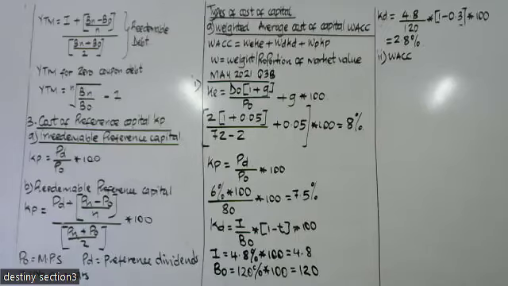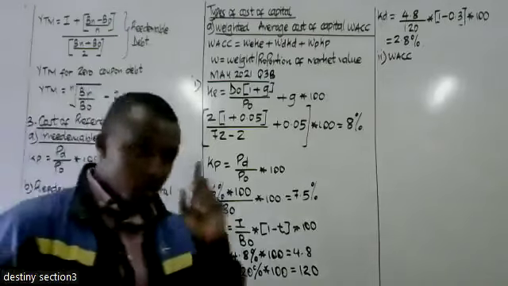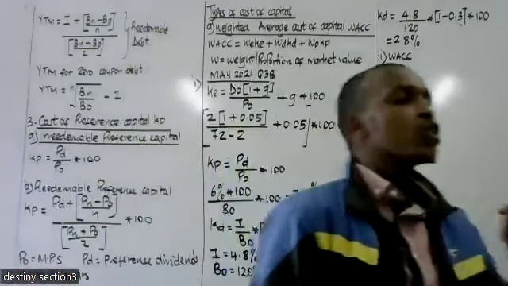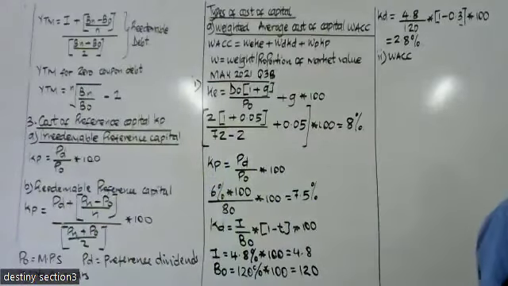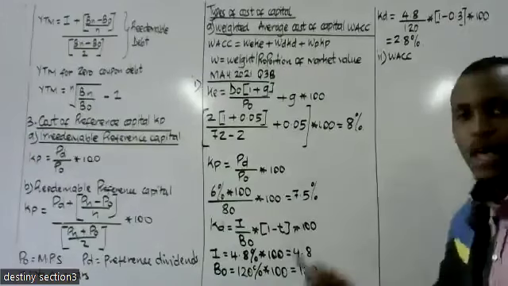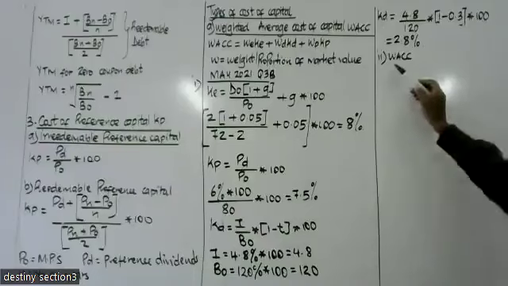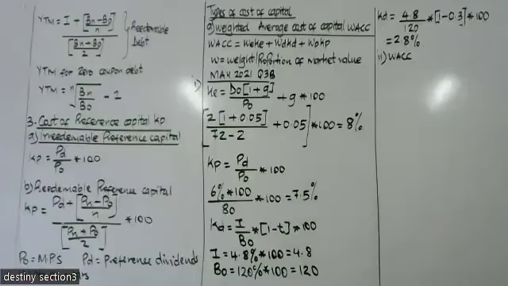Weighted average cost of capital is the cost of capital for already issued securities or already issued what? Capital. Therefore, it is historical. And since it is a historical cost, there will be no flotation cost, whether they tell you or not. By virtue that I am supposed to determine WACC, I would not have used the flotation cost.